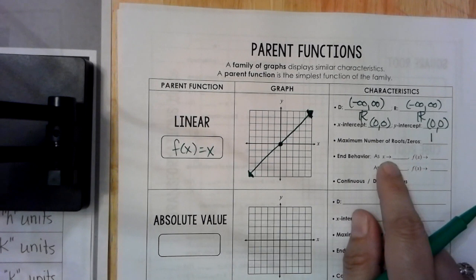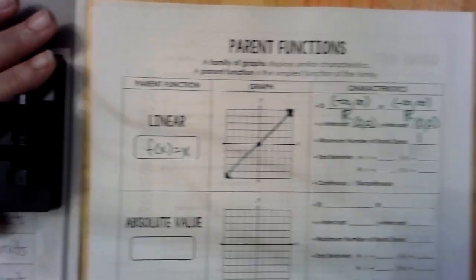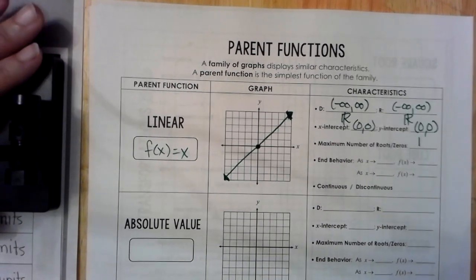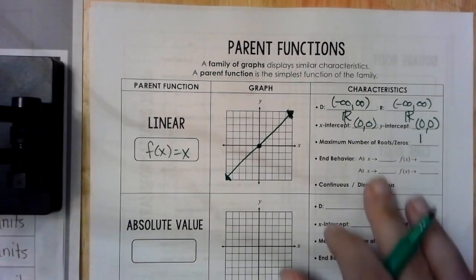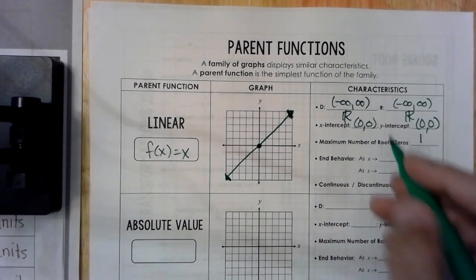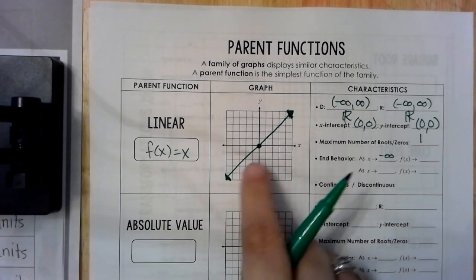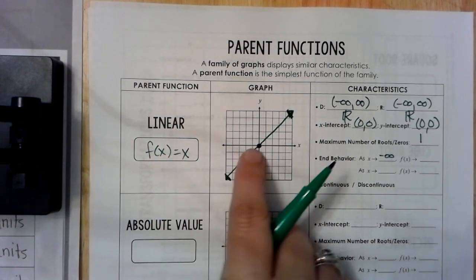End behavior involves looking at what your x's are doing, and based on what they're doing, what's going to happen with your y. So we always look at the furthest out, from least to greatest. As our x approaches negative infinity, so as it moves further and further to the left, what are my y's doing?